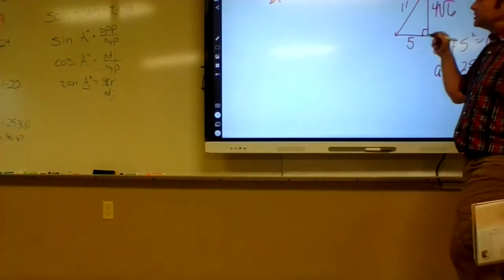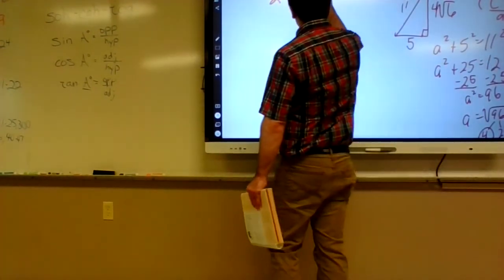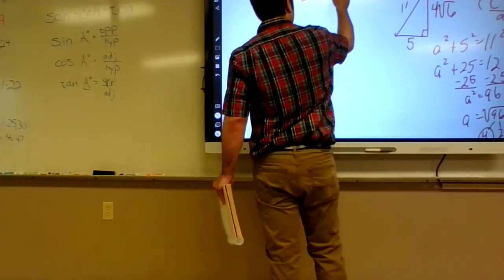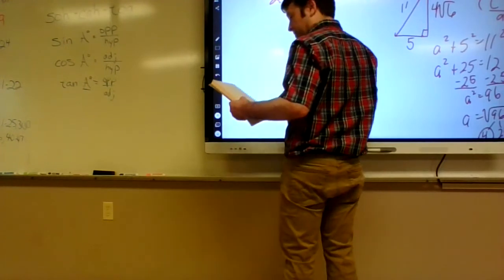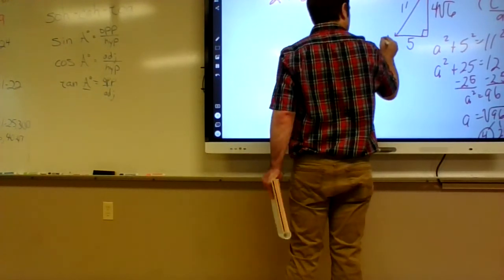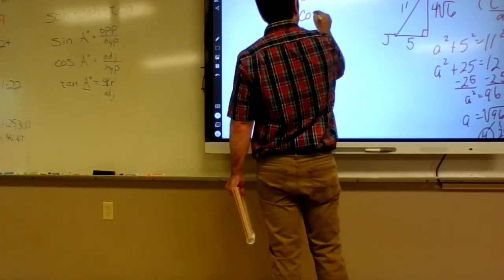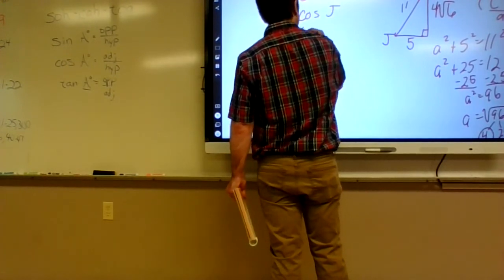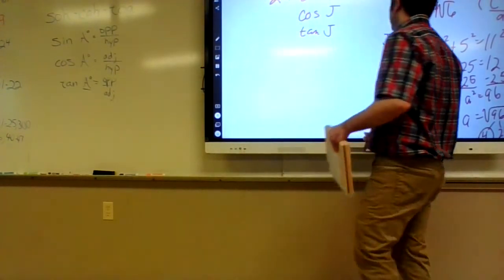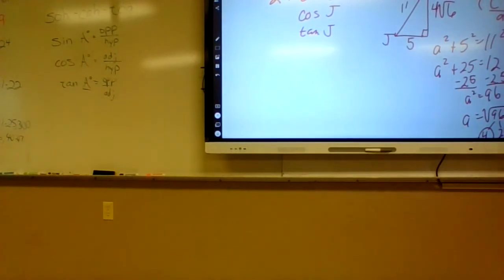So, Will, we need to do the sine of angle J. Where's J at? Down the bottom. Sine of J is opposite over hypotenuse. What's the opposite of angle J? 4 square root 6.